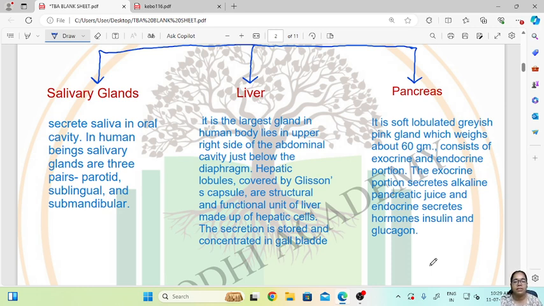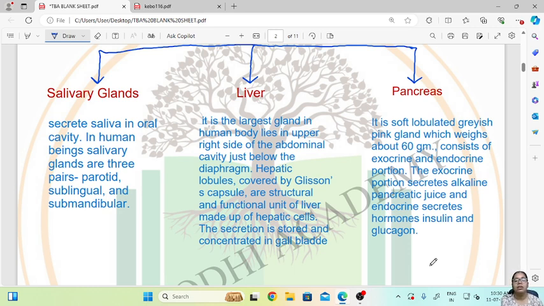The third digestive gland is the pancreas. It is a soft, lobulated, greenish pink gland which weighs about 60 grams and consists of exocrine and endocrine portions. The exocrine portion secretes alkaline pancreatic juice, and the endocrine portion secretes the hormones insulin and glucagon.